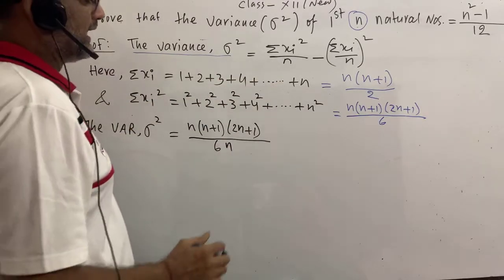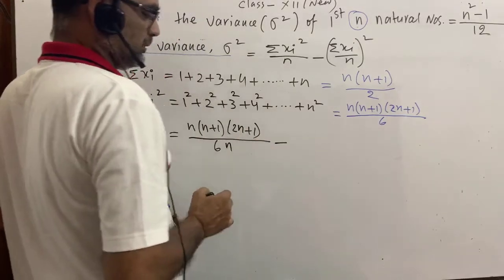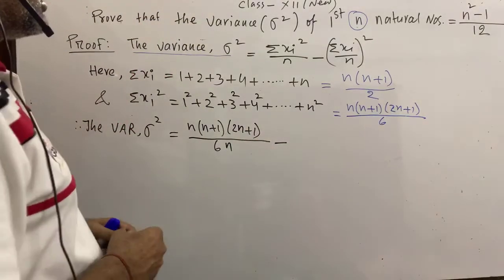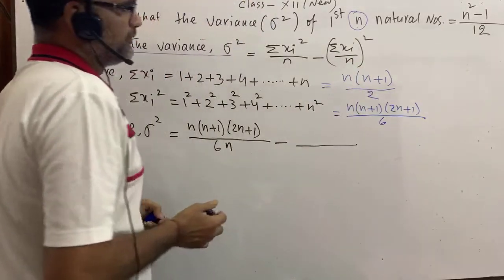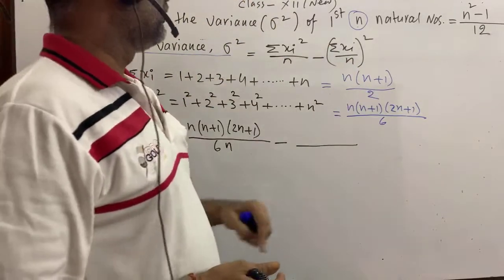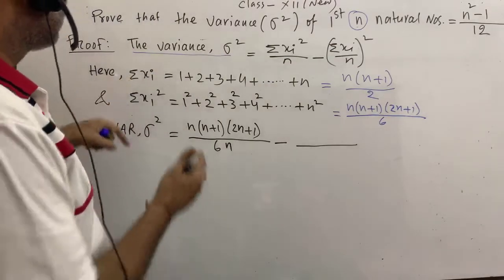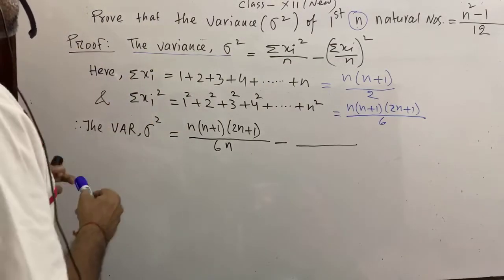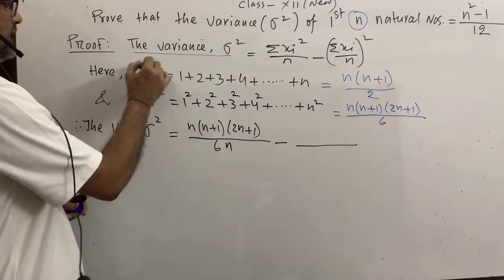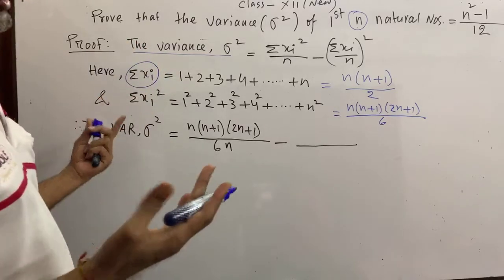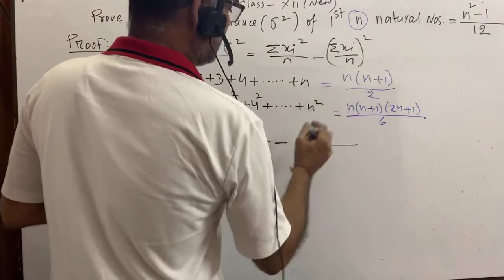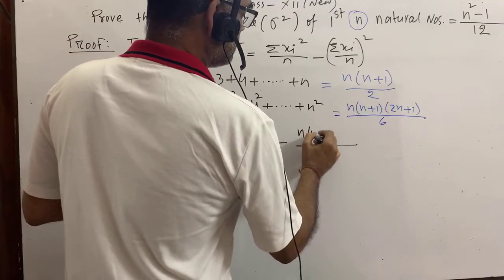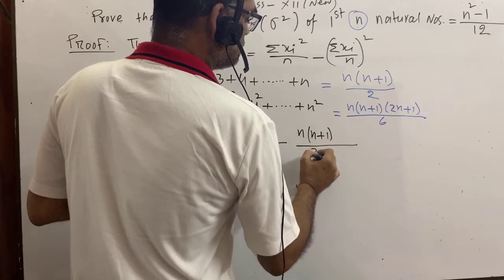Now it is minus, again we get summation xi. Summation xi equals n into n plus 1 by 2.